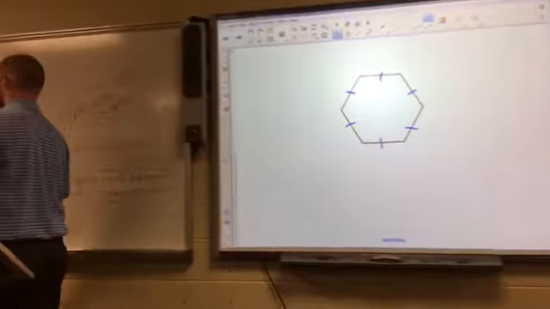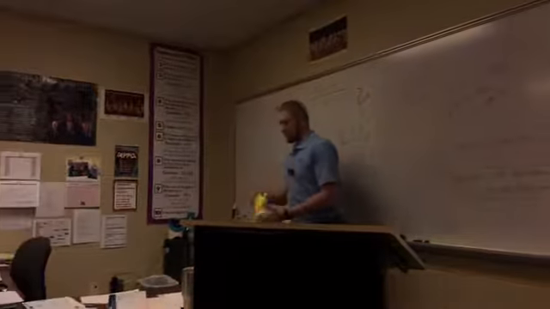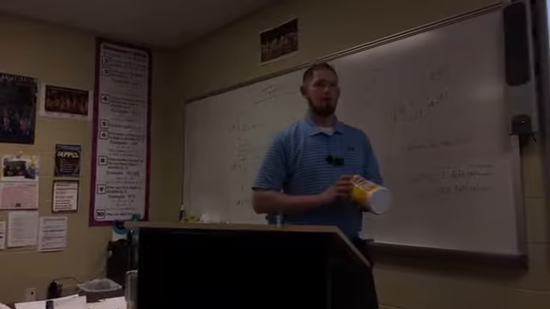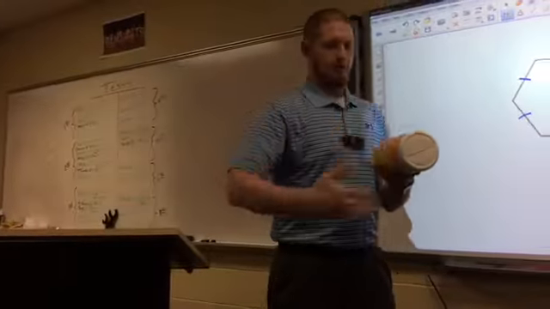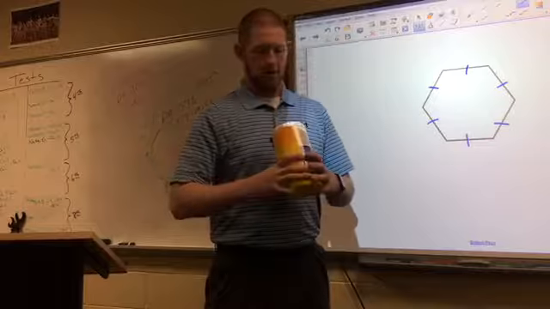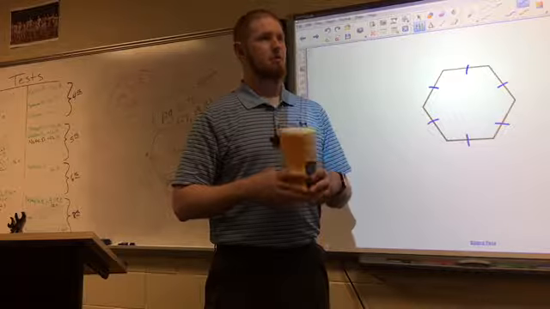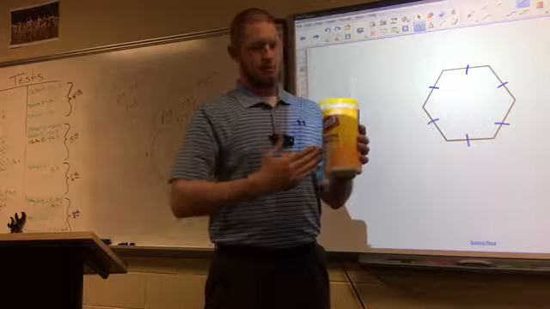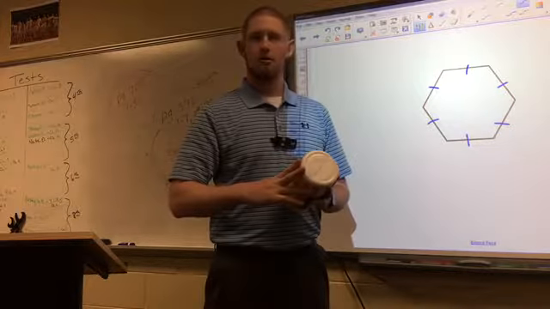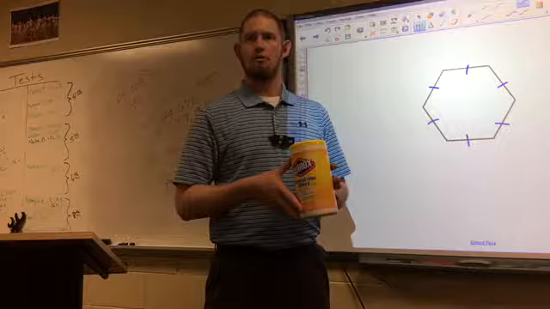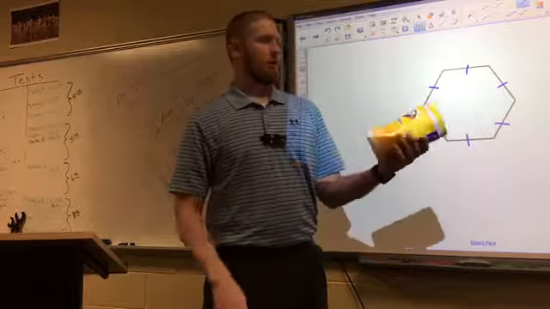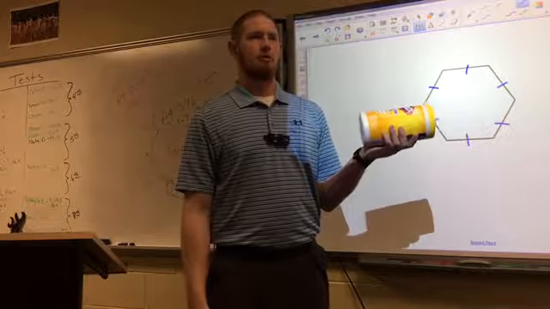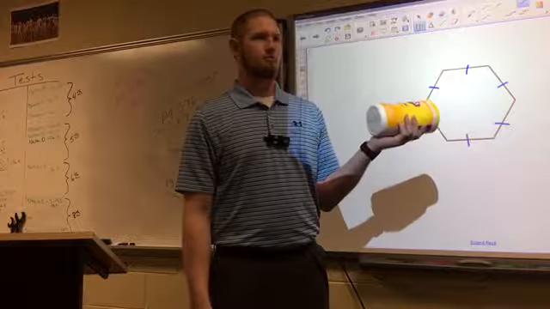Now, what if I took this container here, cut it in half this way, look down on it, the cross section is a circle. What if I took this container, cut it this way, and look down on it? Rectangle. Okay, so when I look at this, I would consider this round.